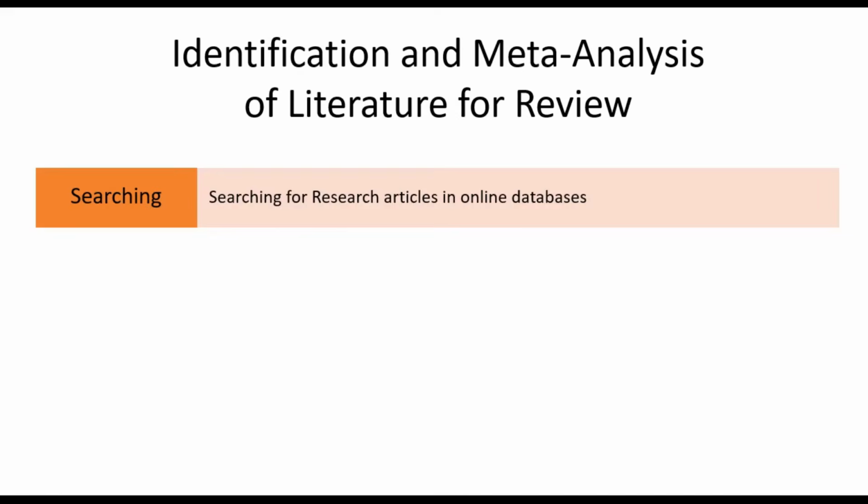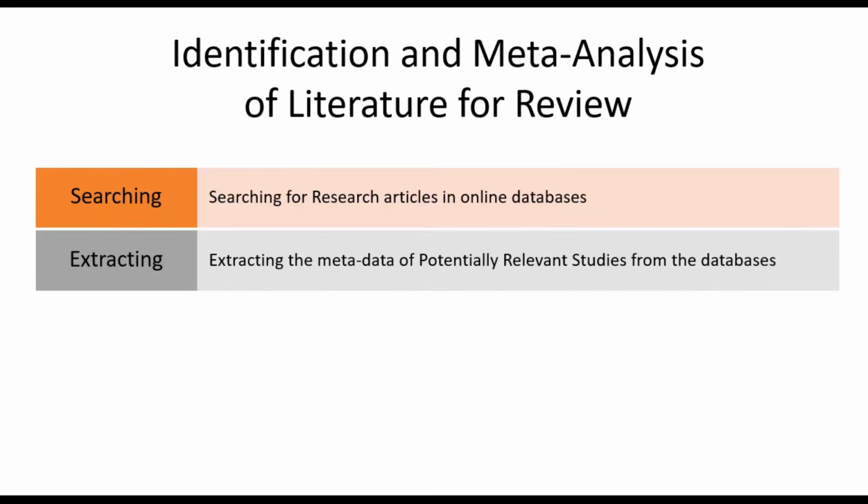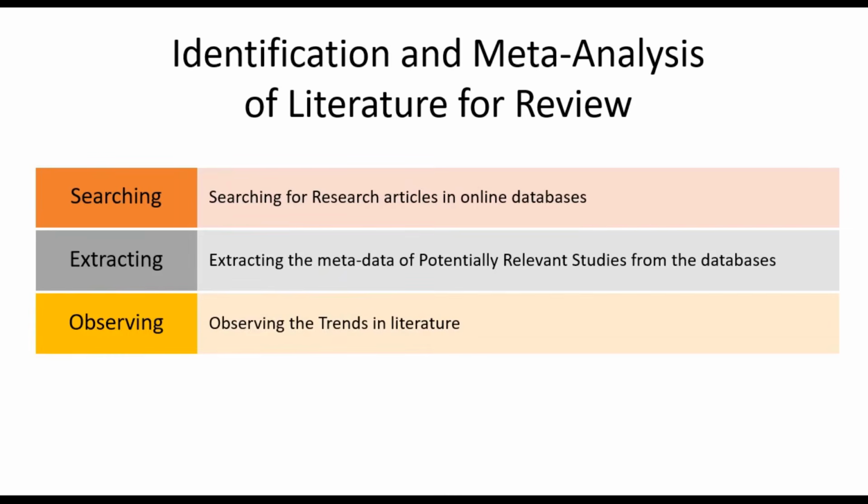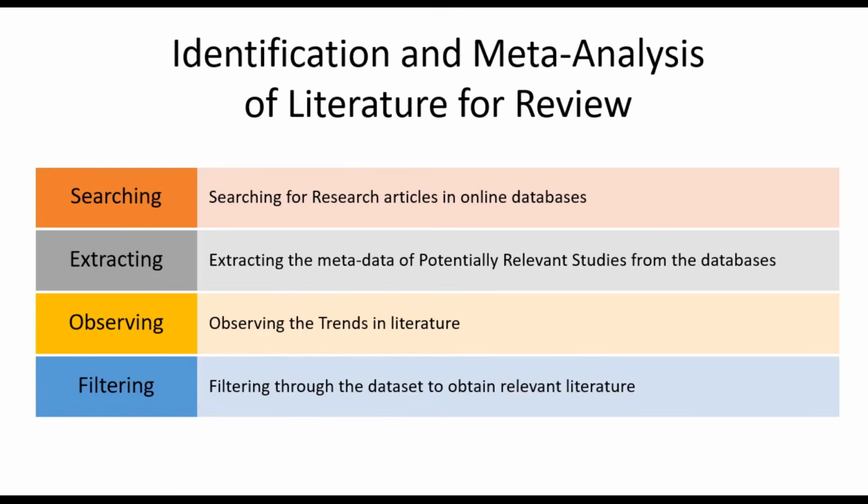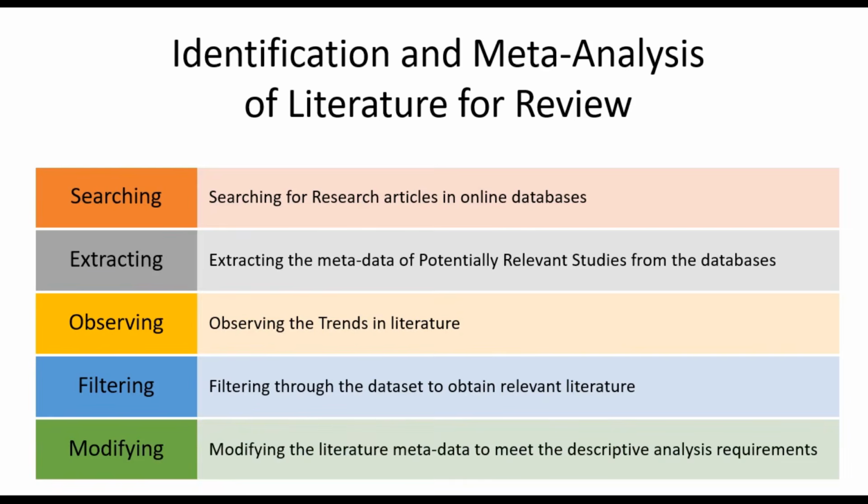One is searching for research articles in online databases, extracting the metadata of potentially relevant studies from the databases, then observing the trends in literature, filtering through the data set to obtain relevant papers, and then modifying them to meet the descriptive analysis requirements.